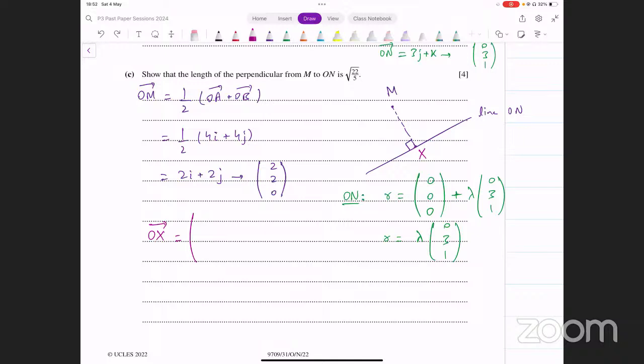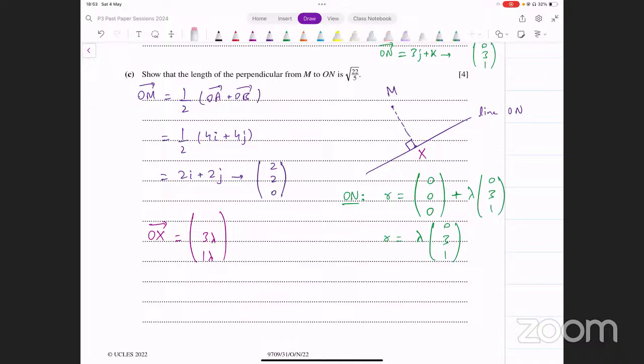X lies on this line ON. What's the position vector of the point X? The same as this line. And that will be 0 lambda, which is 0, 3 lambda, and 1 lambda. This is OX.